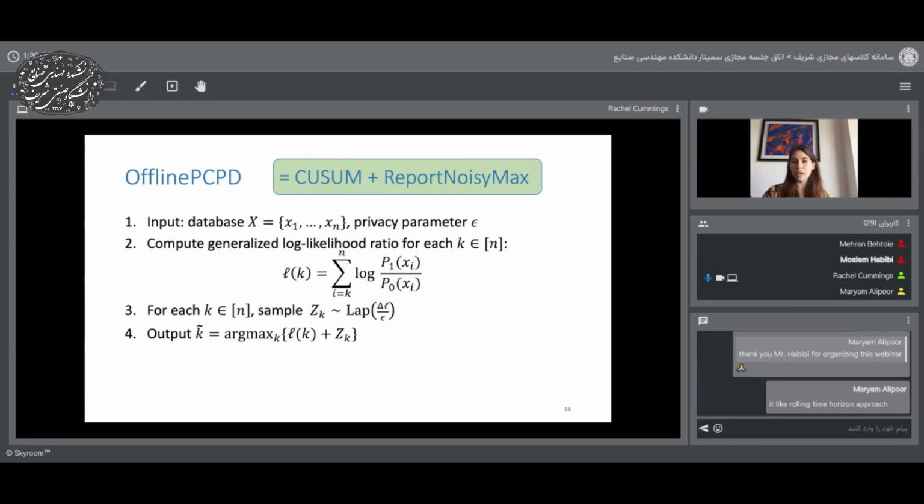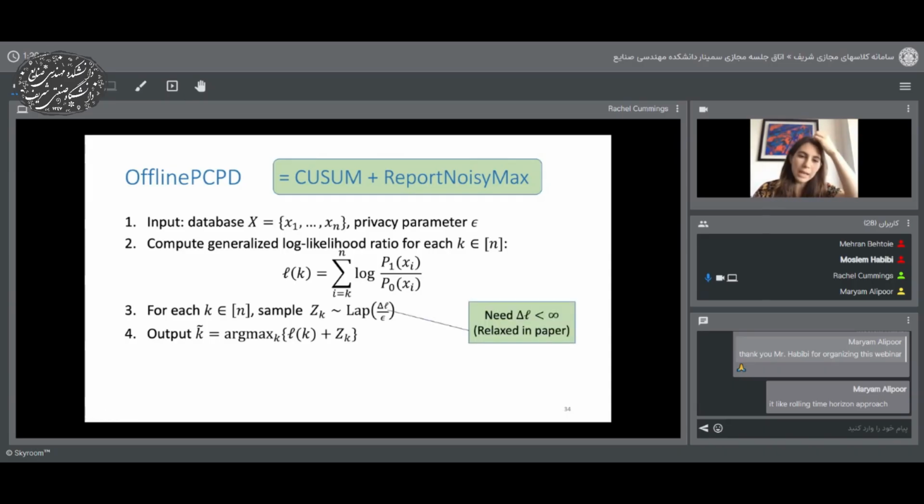We're basically doing QSUM plus report noisy max. So we treat these things as our queries, sample noise, and then output the K tilde that had the largest noisy log likelihood.